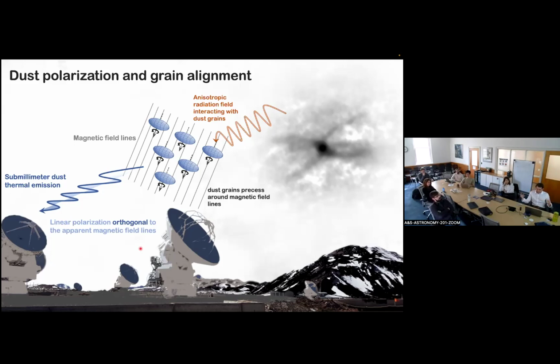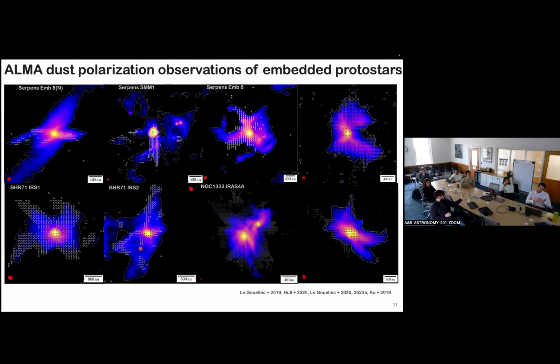This rotation axis ends up being parallel to a magnetic field line because of the grain alignment mechanism. Basically, photons interact with those grains, give them momentum, and via an internal relaxation effect, you align paramagnetic material with the magnetic field. And so we observe with ALMA maps of magnetic field projected onto the plane of the sky of protostars.